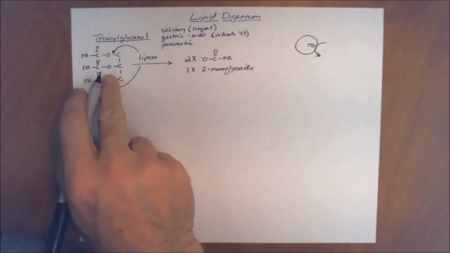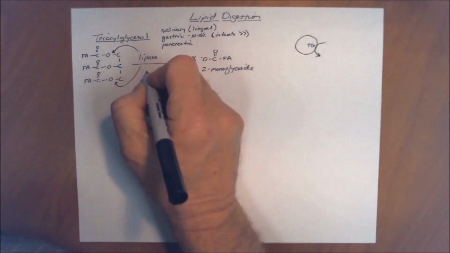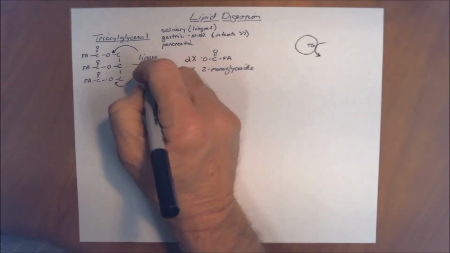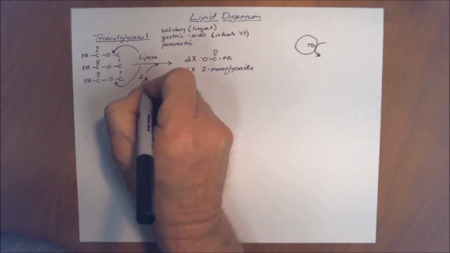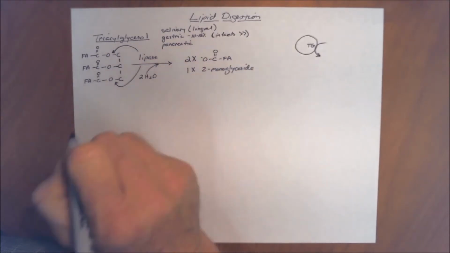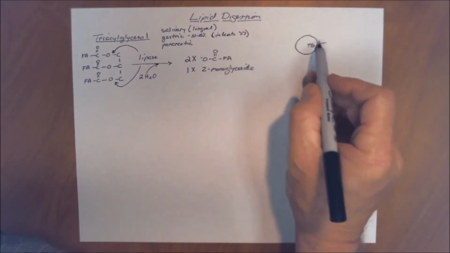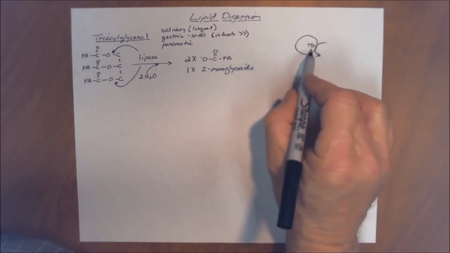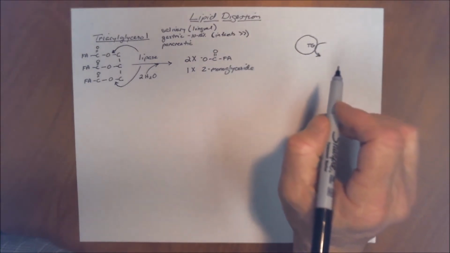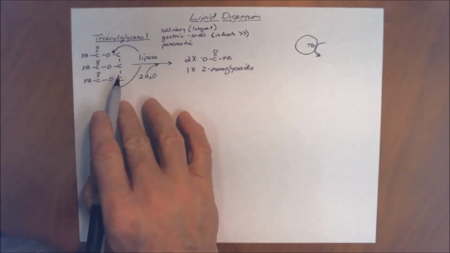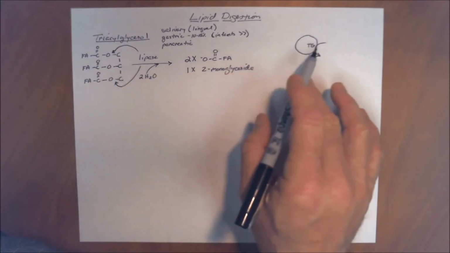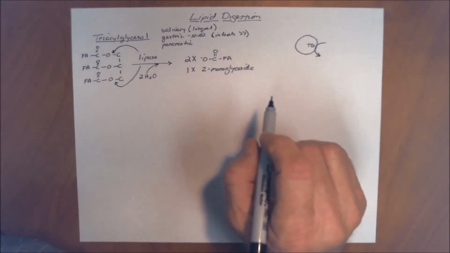The reaction that's occurring here is a hydrolytic reaction. So in this case, we are adding 2 molecules of water. Recall that this lipid droplet is a completely hydrophobic environment and there's no water available. So the question for many years was, how does this lipase actually perform a hydrolytic reaction in a hydrophobic environment?